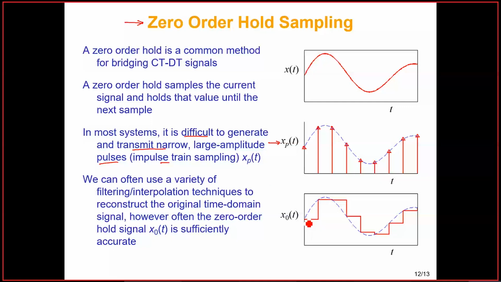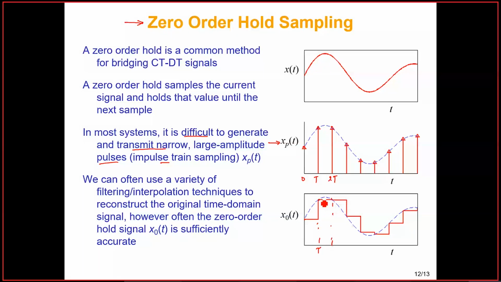Here if you see, the values were supposed to be taken at this time period. Here also we are doing the same thing, but instead of just taking the instant value, we take this value and retain this value, and then at time period T we again record the value and then retain the value, and then again at the next time period record the value and then retain the value.